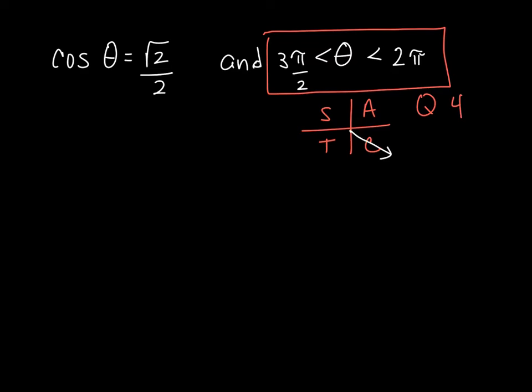And this does mean that the sine, its reciprocal, the cosecant of theta, the tangent of theta, and the cotangent of theta will all be negative. So make sure you remember that when you're going through and doing this.